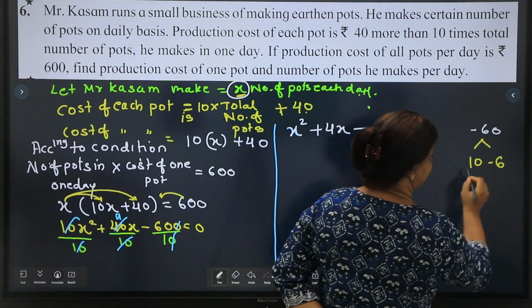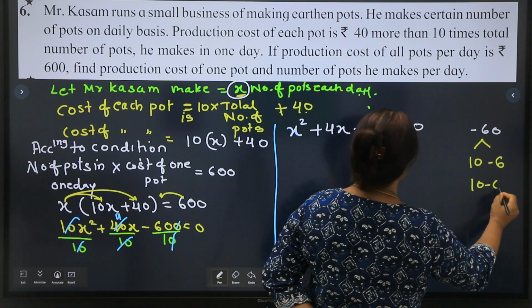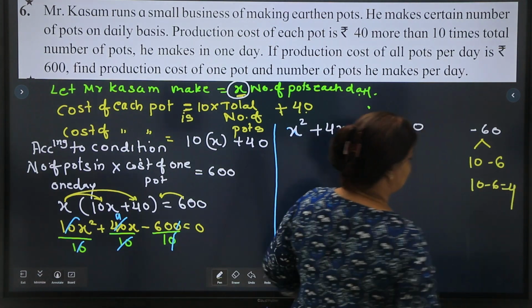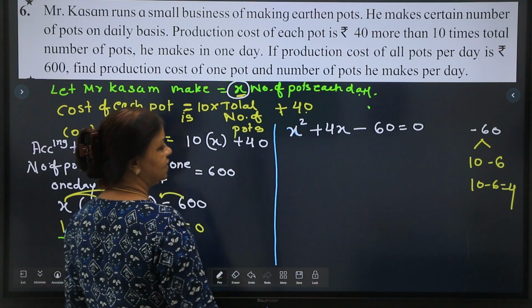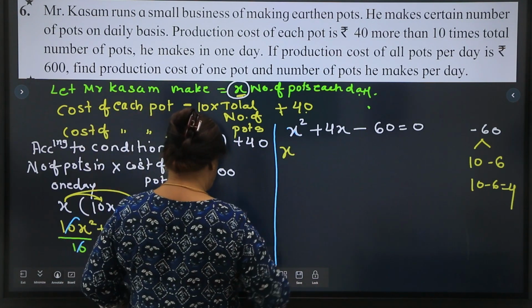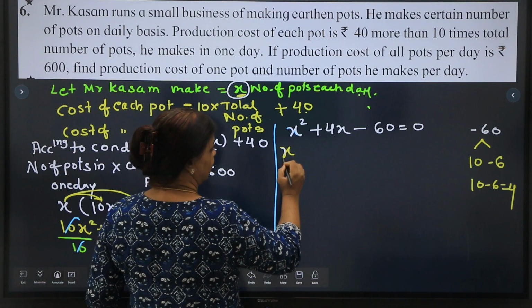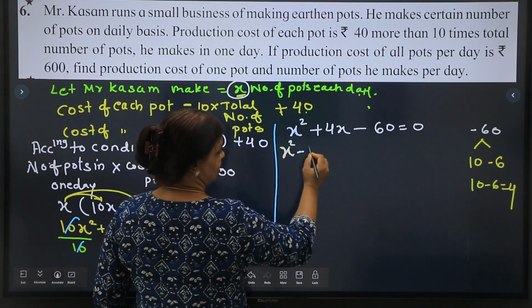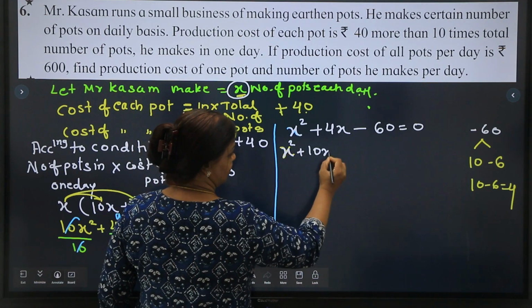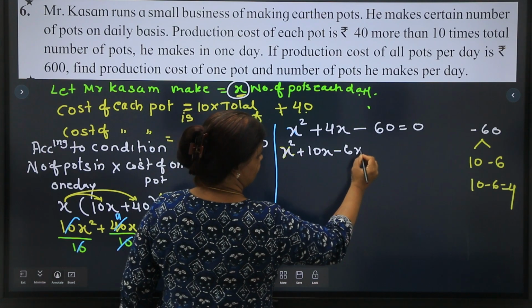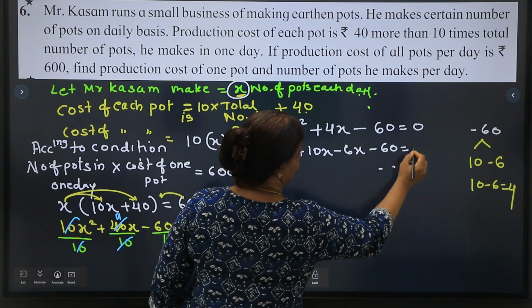So minus 6 plus 10 is equal to 4. So I can take this 10 and 6. So we will get x square plus 10x minus 6x minus 60 is equal to 0.